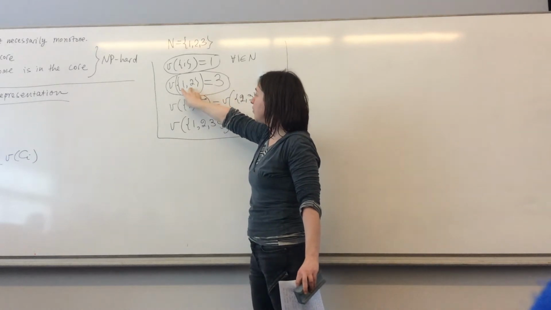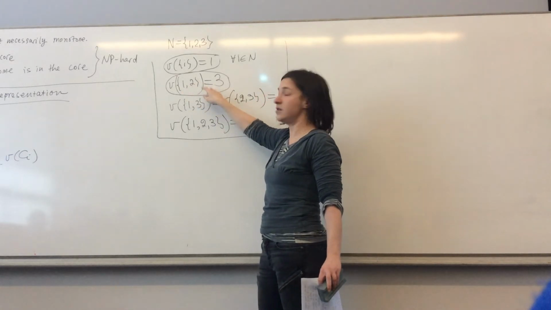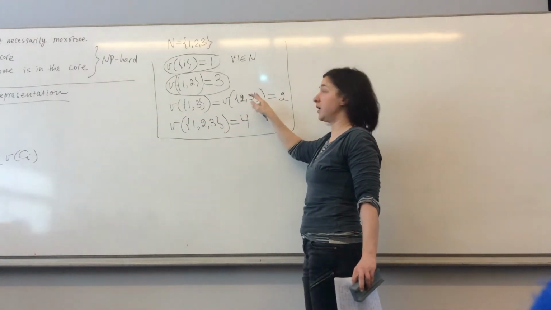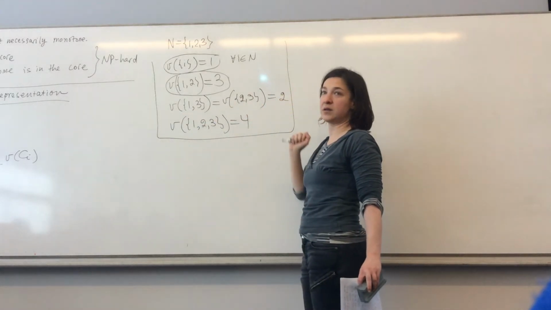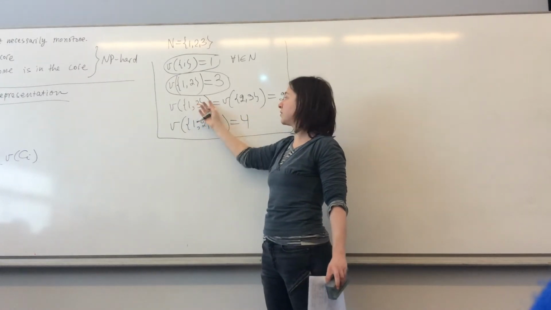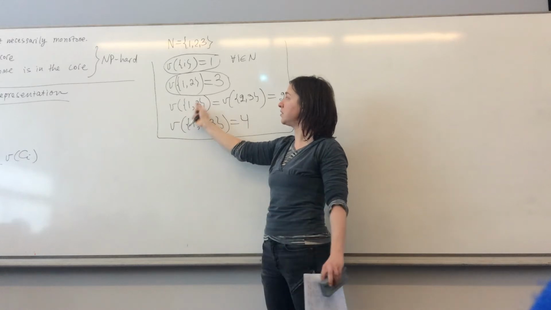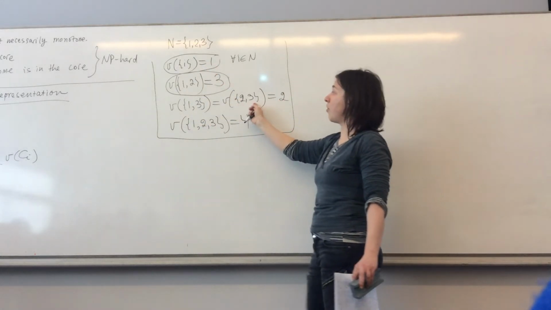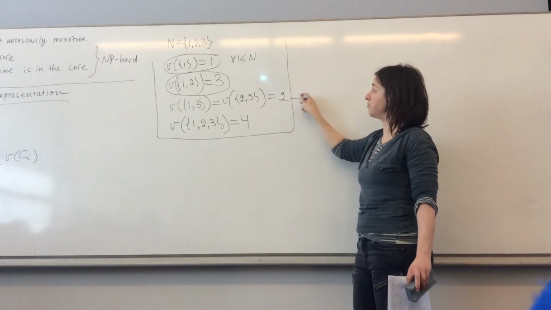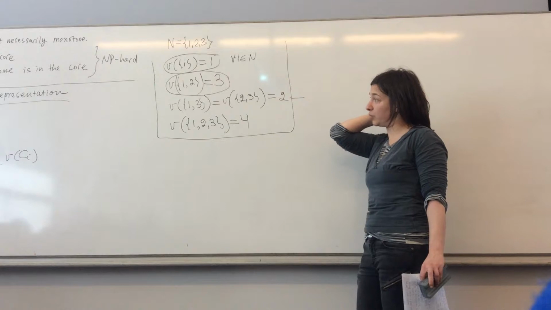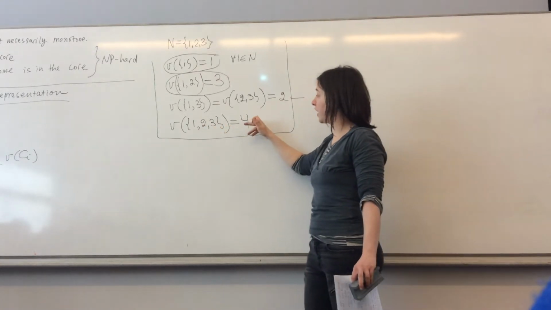So the value of this coalition I had to specify, while 1, 3 and 2, 3, I could just find by using superadditivity, knowing that there is only one partition here into 2 singletons, which would give 1 plus 1, that's 2. Same for this pair, so this I could just compute and not make it part of the input. And the same for the value of the grand coalition.